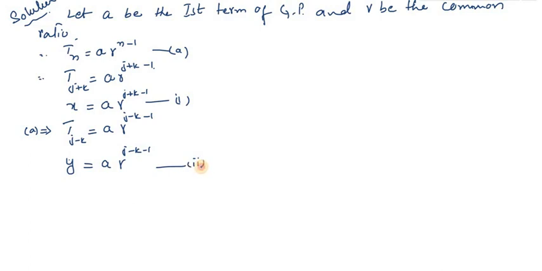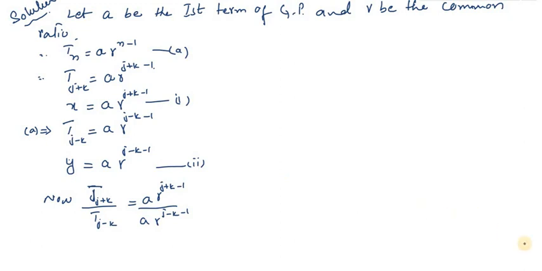We divide equation number 1 by equation number 2. So T sub J plus K upon T sub J minus K is equal to A R to the power J plus K minus 1 upon A R to the power J minus K minus 1.